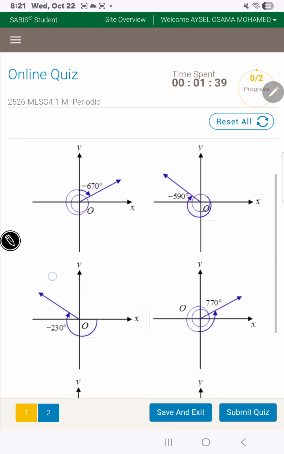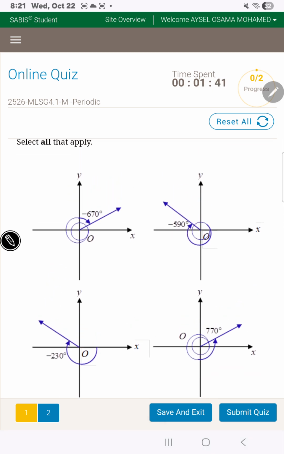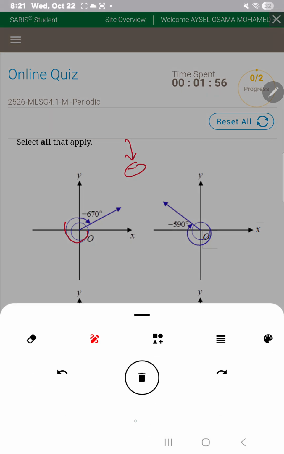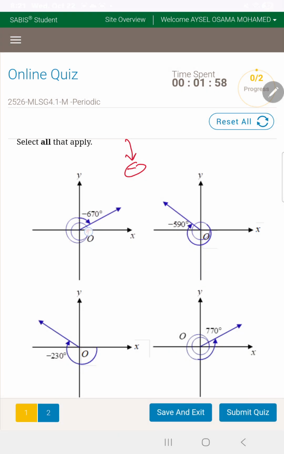So let's see what we have to do here. Because we have moved starting from here, we are moving in the clockwise direction. Of course, the clockwise direction is the negative direction. So if we started this way, one complete rotation like this, this is negative 360.